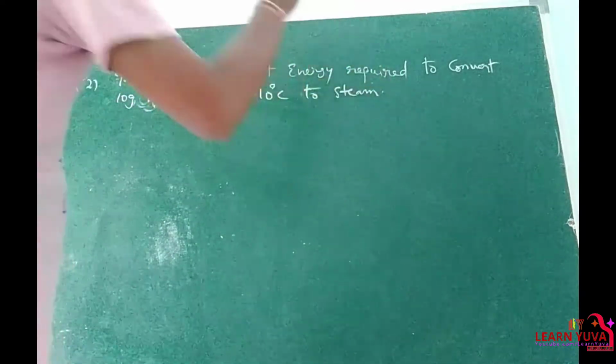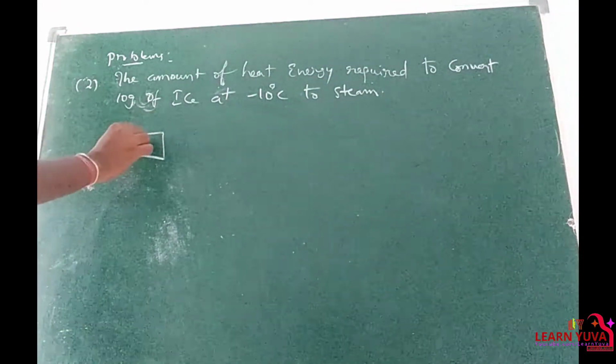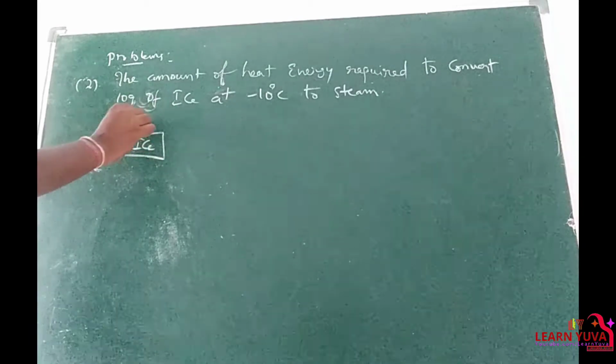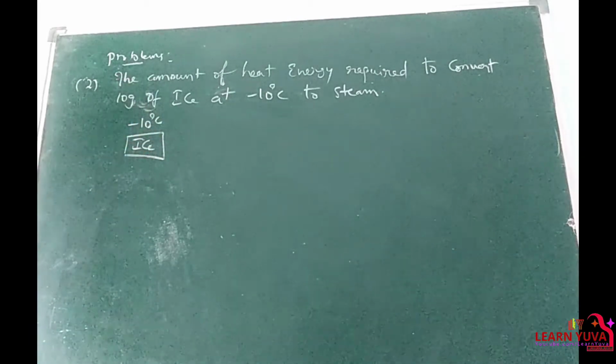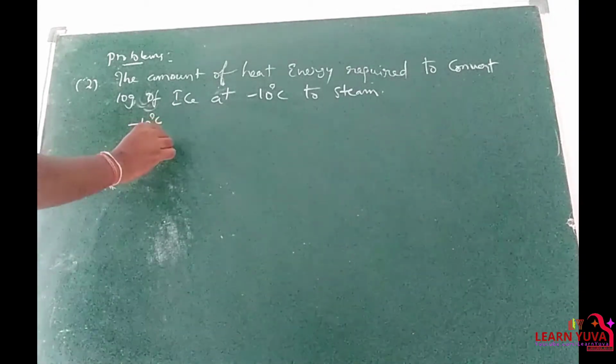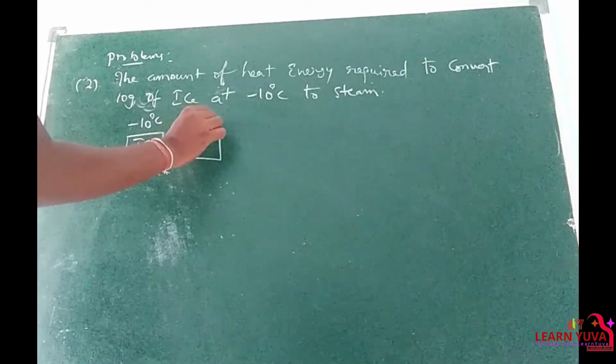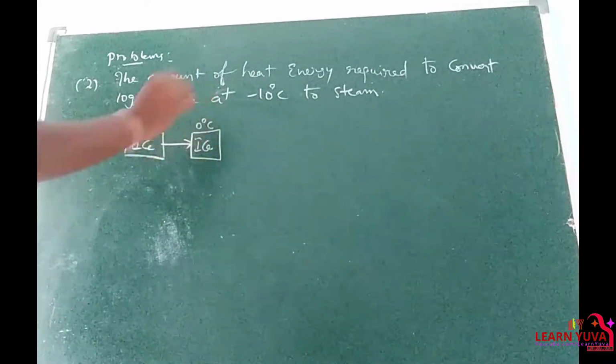It is the question. So first, imagine ice, the temperature is minus 10 degrees Celsius. By giving the heat energy, the temperature rises up to 0 degrees Celsius, ice state only.